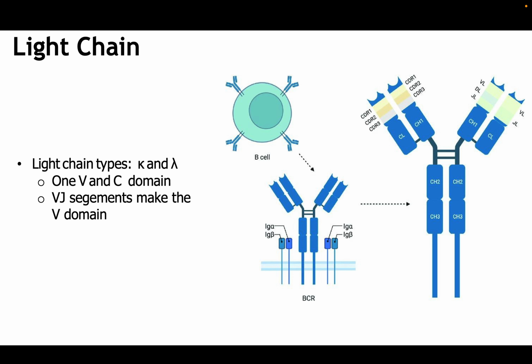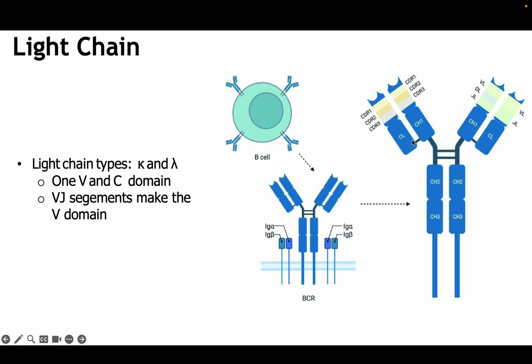So your light chain. You have 2 different types of light chains, kappa or lambda, which have different types of domains. In your light chain, we know there is a variable domain, so one V domain and one constant domain.